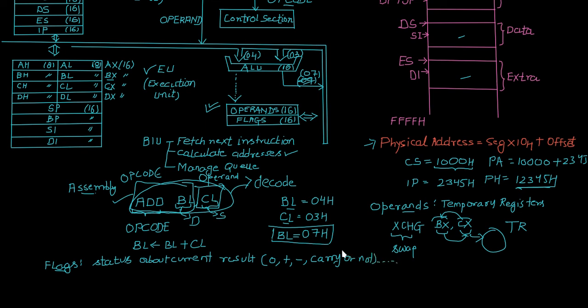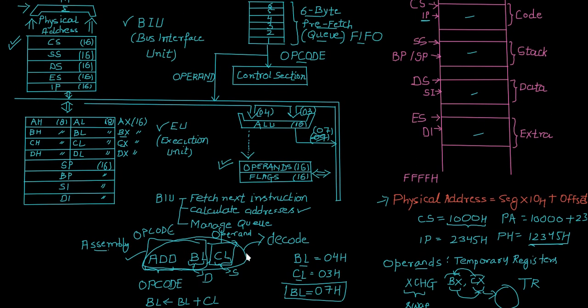So similarly, there can be different types of flag registers which determine the status of the current result. So the result that you have obtained from the ALU, if it is 0, if it is of positive sign, or if it is negative, if there is a carry, for these different statuses we have different types of flags. We have the carry flag, we have the zero flag, and similarly so on. We will study about all of them in detail in a separate video.